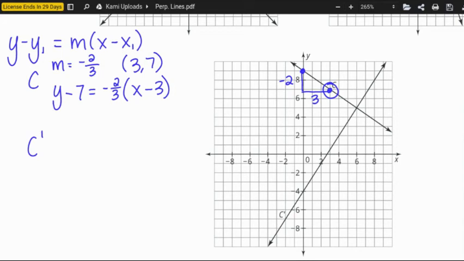On C prime, I immediately notice that my line is increasing from left to right. That means I'm going to have a positive slope. Choosing two pretty points and doing rise over run, I notice that I rise 3 units and run 2 units. So my slope is 3/2, and then choosing an ordered pair to focus on, I'm going to choose this one. I have (-2, 7).